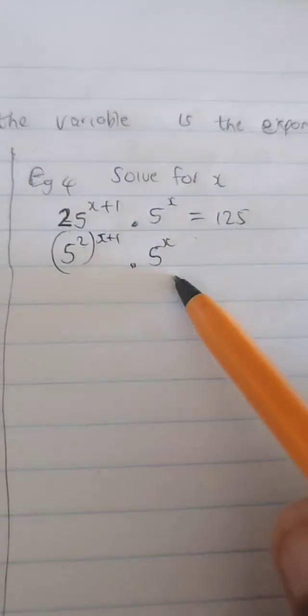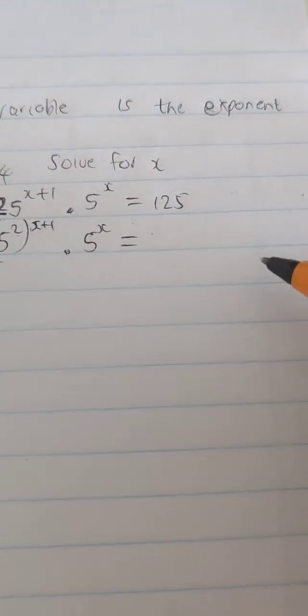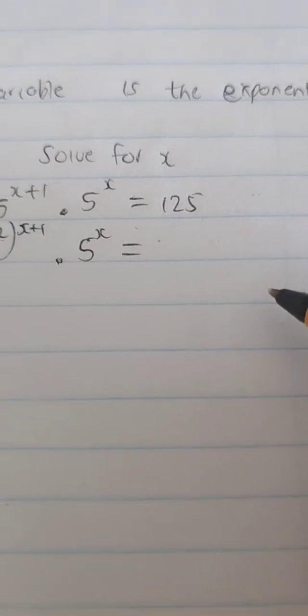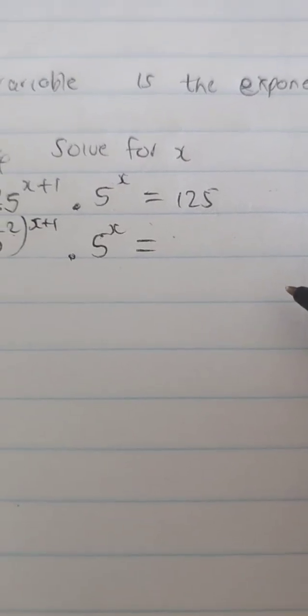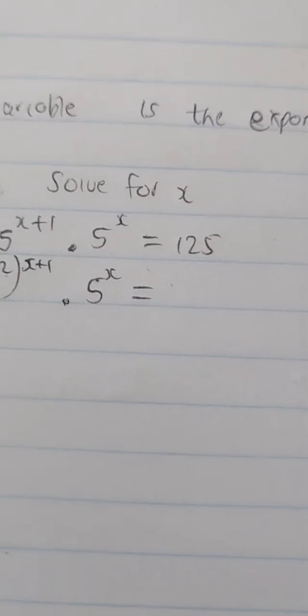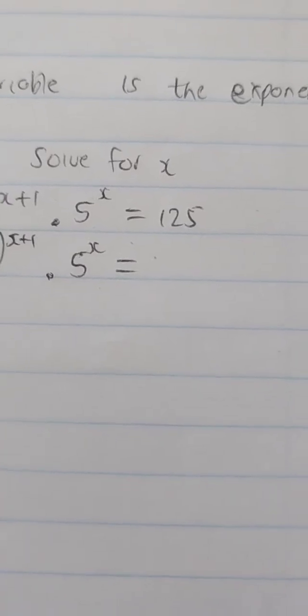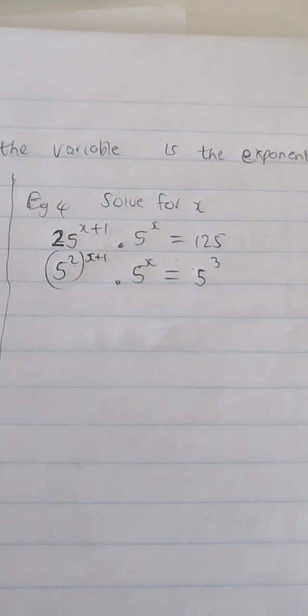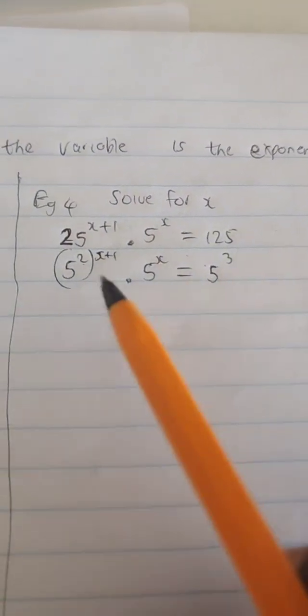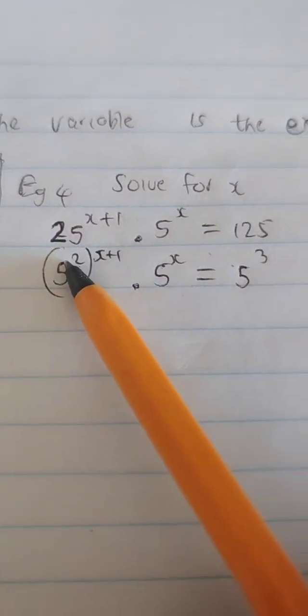So let us chill. 5 to the power x. 125 is exactly 5 to the power 3. Okay, very good. All right, then thereafter, let's not forget what needs to be done.